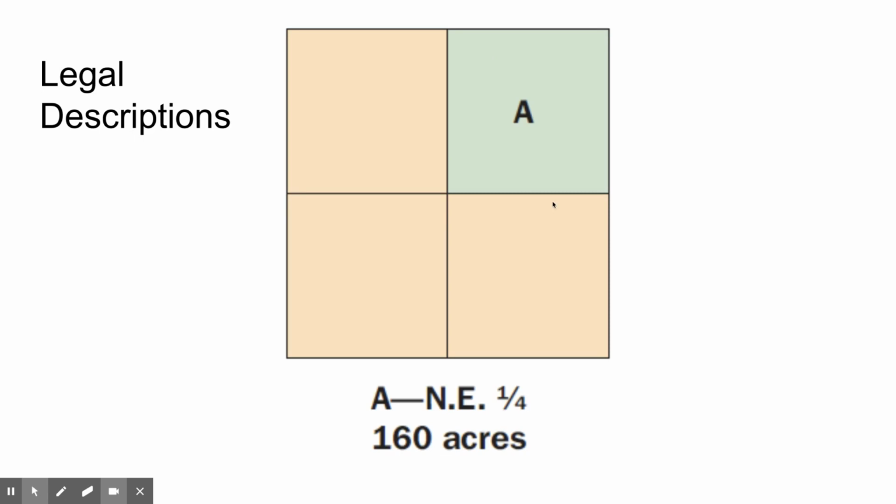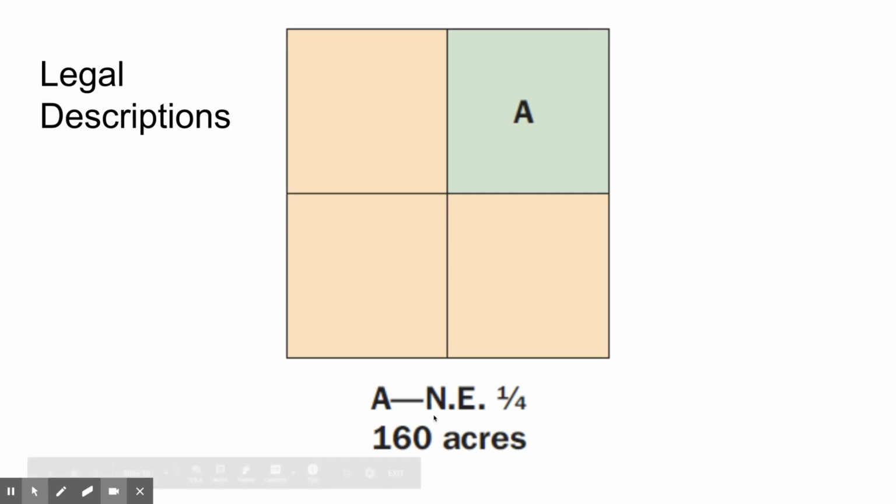Now, to go one step further, there are 4 of them, so which one is it? We do it directionally. North goes up, so you have the north half and the south half. And then east, because you have the east half and the west half. So this is the northeast 1/4, or northeast quarter, of our section here.